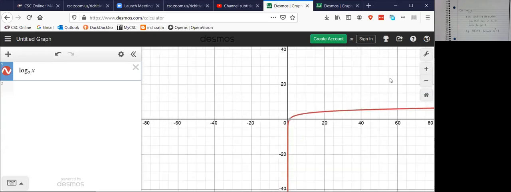Let's zoom out a little and see what we can make of this. The logarithm base 2 appears to only be defined in the first quadrant and the fourth quadrant. There's nothing over in the second quadrant or the third quadrant where x is negative.